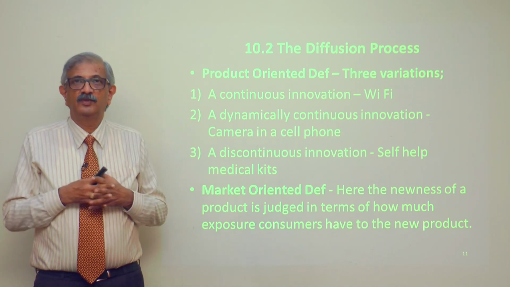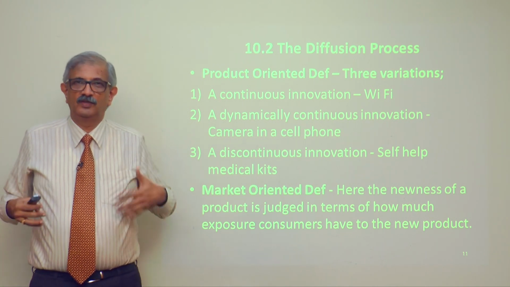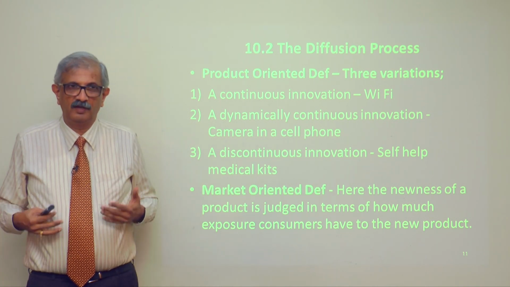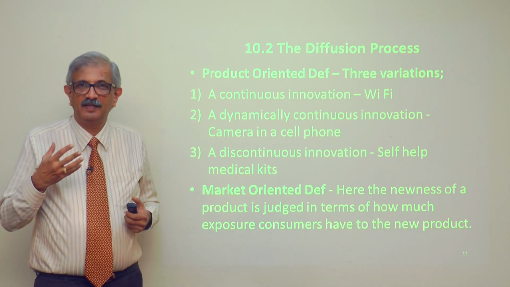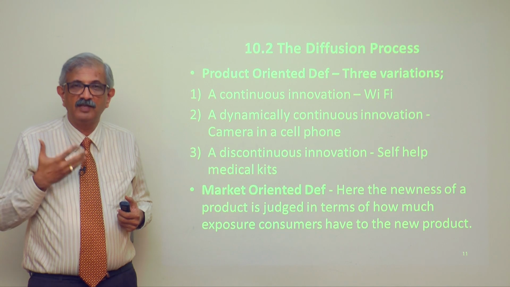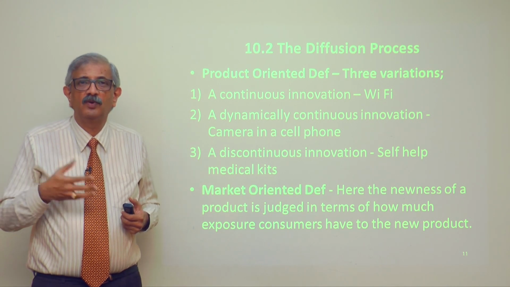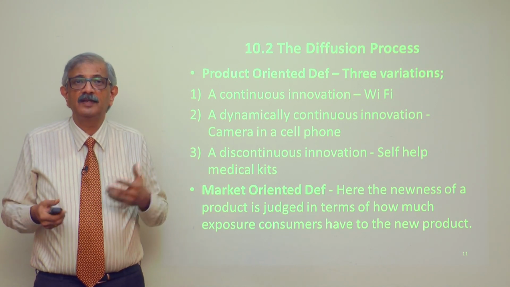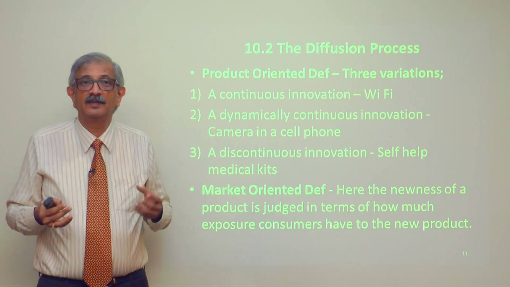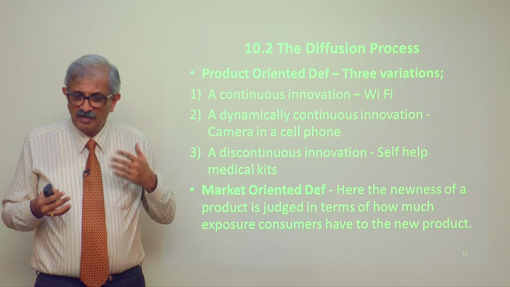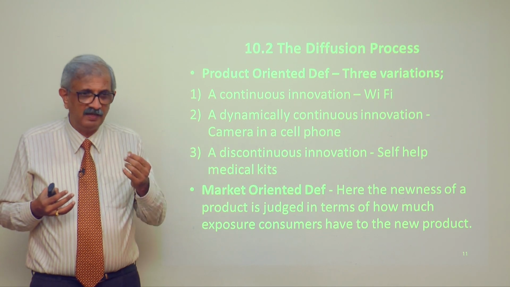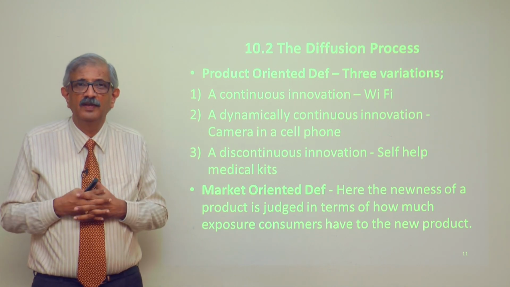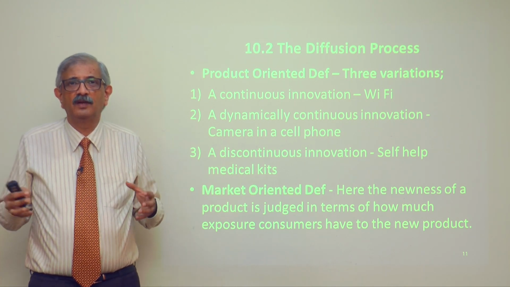There are three variations within a continuous innovation. You continue to improve your product and its features. So Wi-Fi over a period, the bandwidth and the range available, etc. have been constantly improving. A dynamically continuous improvement. Similarly, the camera in a cell phone: you continuously see so much innovation happening, single lens to multi-lens, etc. Then there is a discontinuous improvement.